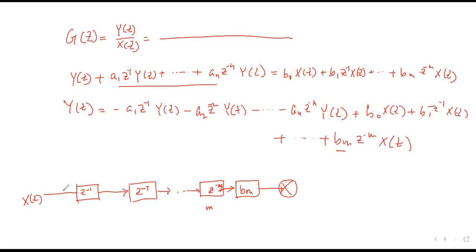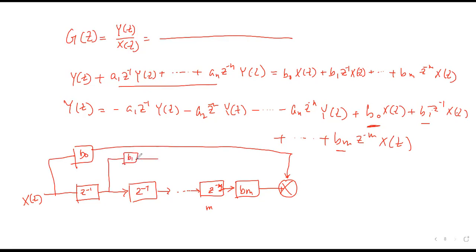And the first one, X(z), is multiplied with b0, then we bring it here and add it. Similarly, the next one, shifted by one, will be multiplied with b1, and the next one will be multiplied with b2.